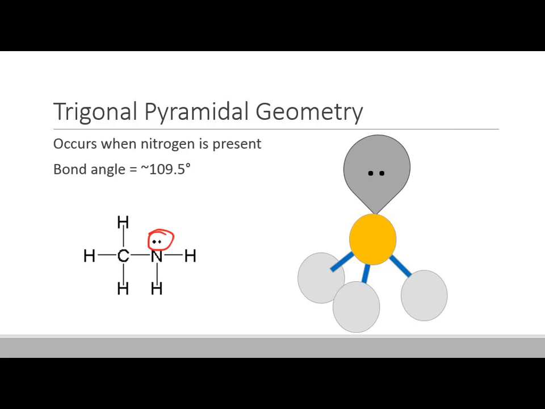So we have 1, 2, 3, 4 electron groups around it, and so the electron groups go to the corners of a tetrahedron, but this lone pair is invisible. And so it turns out that we really only get this pyramid, this trigonal pyramidal geometry. It's like a pyramid with a triangular base, because we can't see this guy up here.